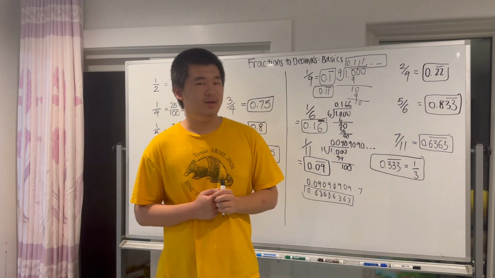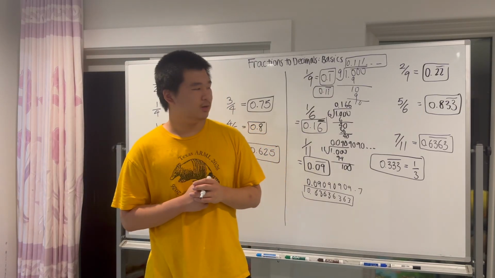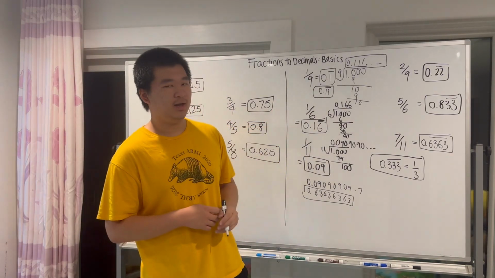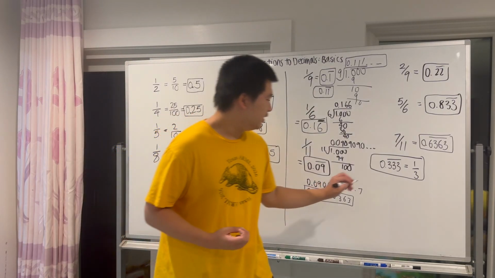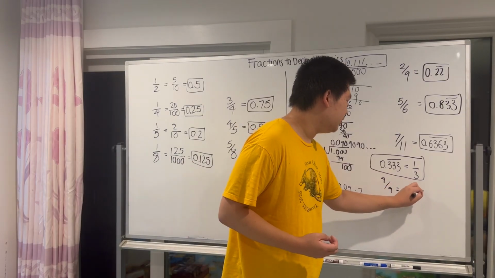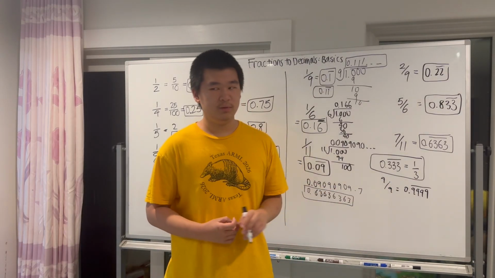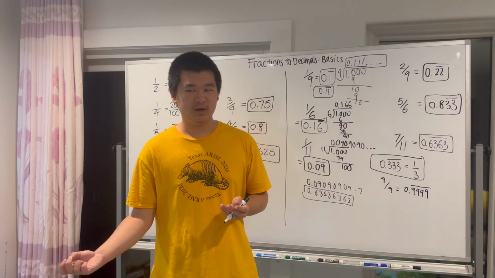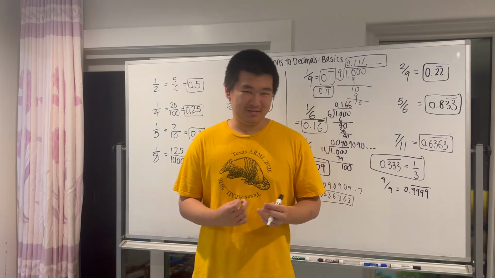Now, one final tidbit that some people get stuck on and an interesting idea about math is what happens if you multiply this by 9 on both sides? If you multiply by 9 on both sides, what do you get? You get 9 over 9 equals 0.9999. So 1 equals 0.9 repeating? How is that possible? Well, there are a few ways to explain this.